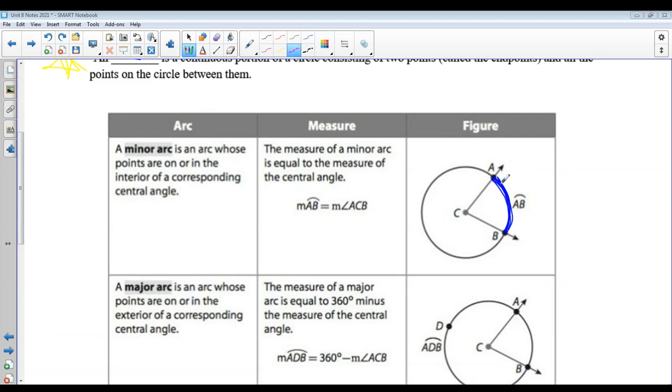So for this example here, AB is your minor arc. Notice how this central angle cuts off, basically, arc AB. You can see how they both kind of match up. This arc is equal to that angle on the inside. So that's a minor arc.